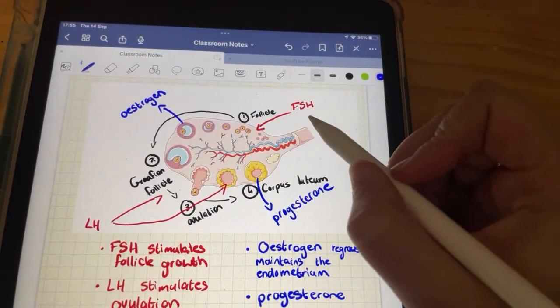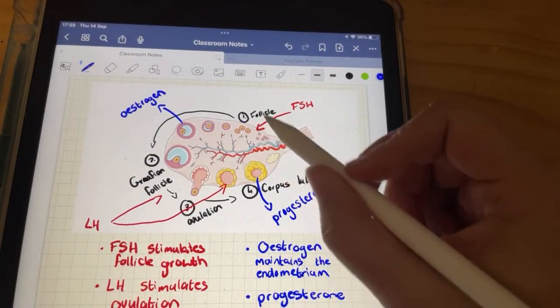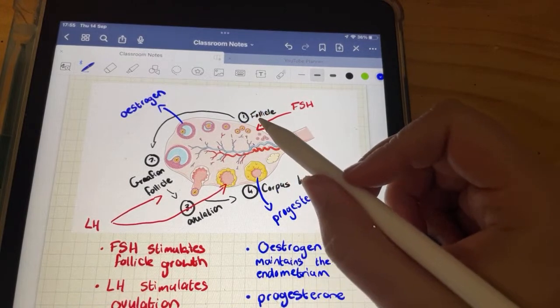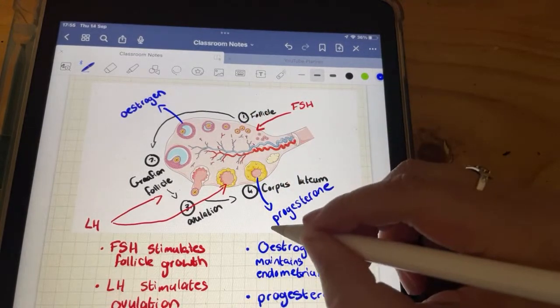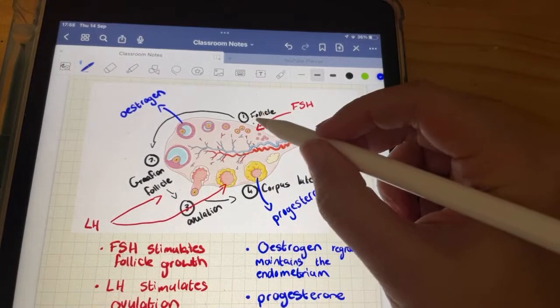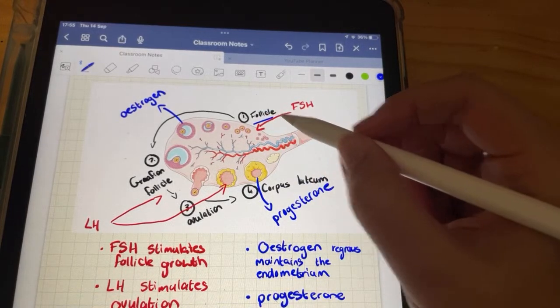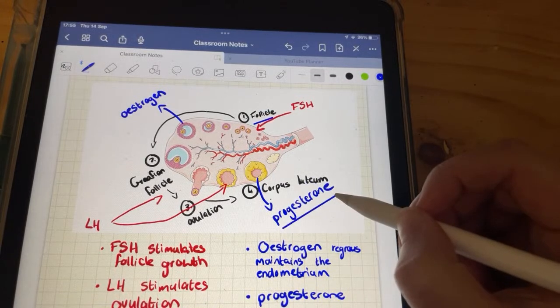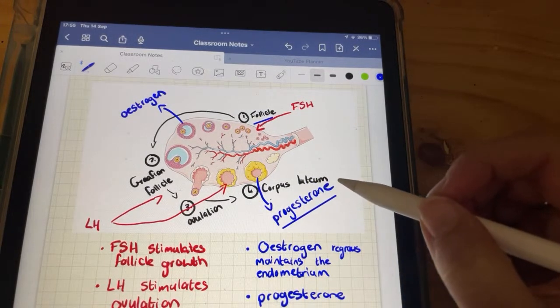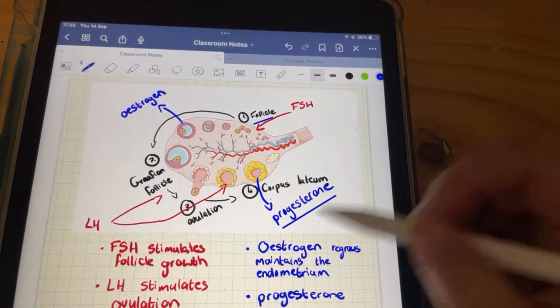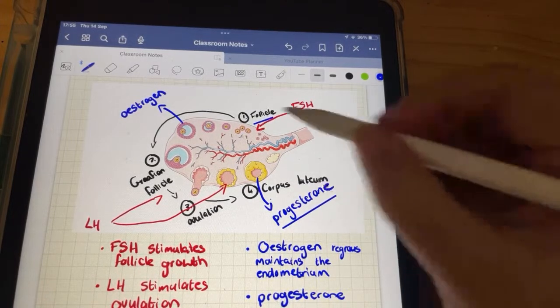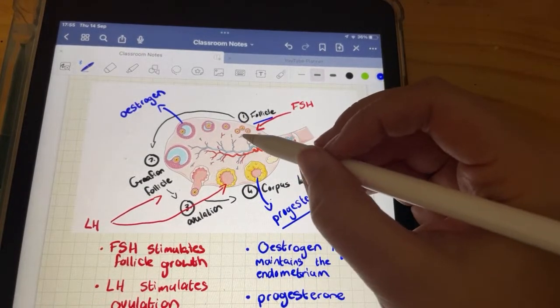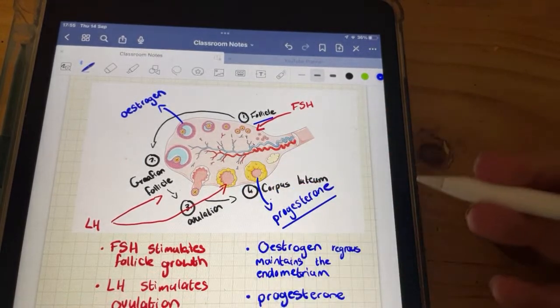If follicle stimulating hormone is responsible for making follicles, do you think you can grow a follicle and also be pregnant with progesterone? The answer is no, you cannot. Okay? You cannot have follicles growing while you're trying to grow a fetus.